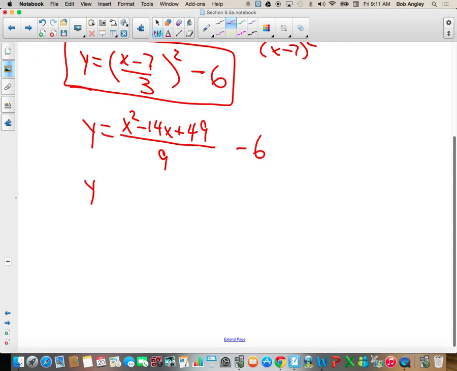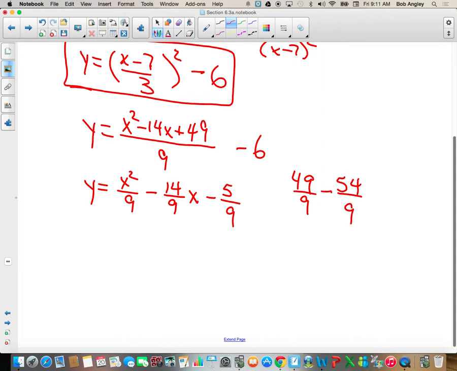All right, so we could write this as x squared over 9 minus 14/9 x, and then this is 49 over 9, and if we go minus, this would be 54 over 9, and so this would be the same as minus 5/9. Now, that didn't turn out to be very pretty, in any sense. But in the homework, they're going to give you problems where you're going to do the technique that we just did here.